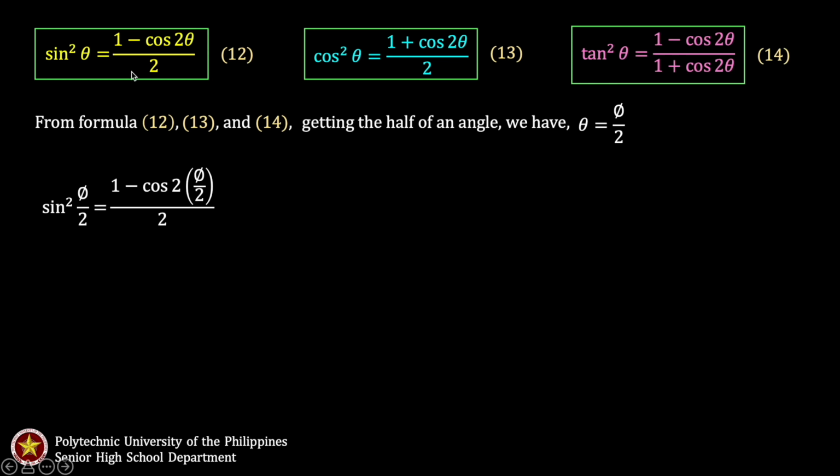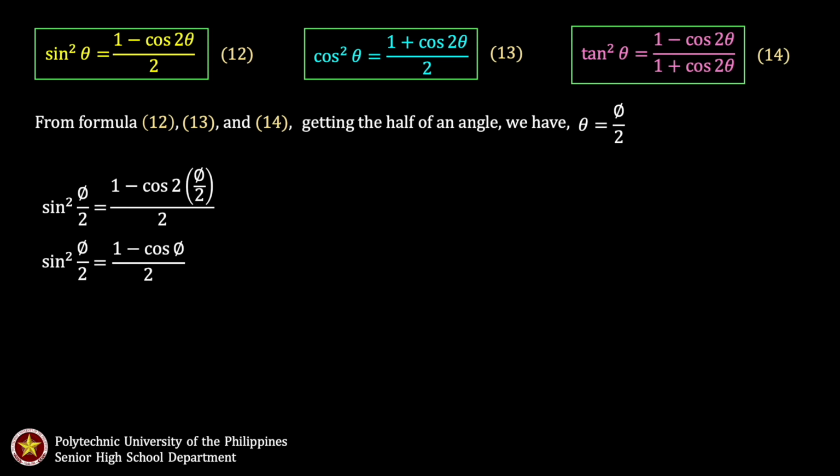Now, sine squared theta on equation 12, let us replace theta with phi over 2. We have sine squared of phi over 2 equals 1 minus cosine 2 times phi over 2 all over 2. 2 and 2 will cancel. So that will be 1 minus cosine phi all over 2.